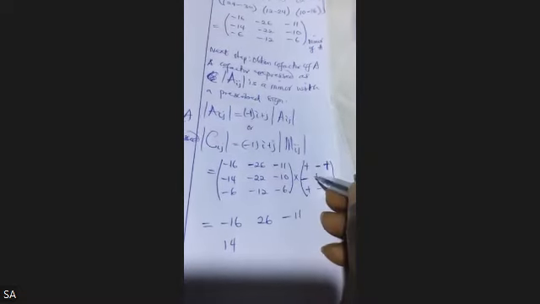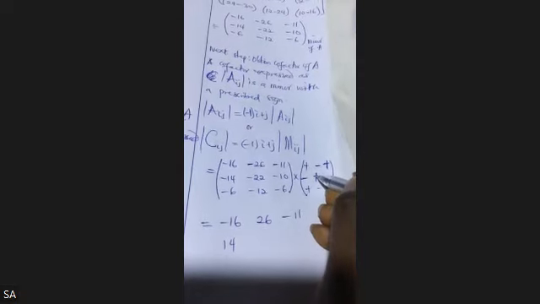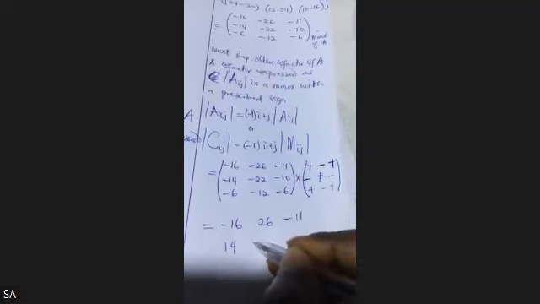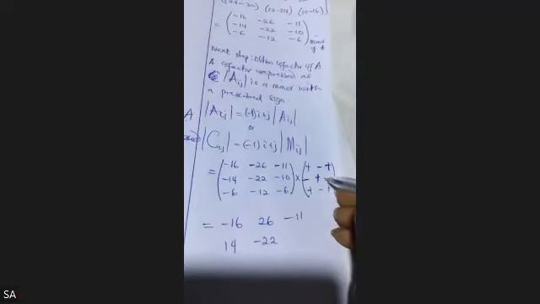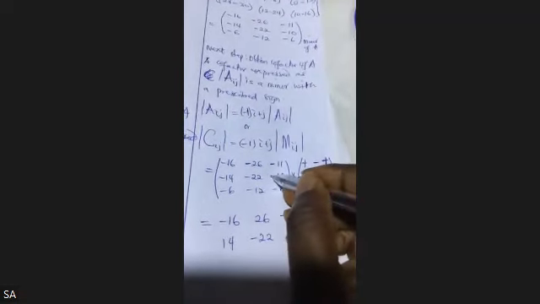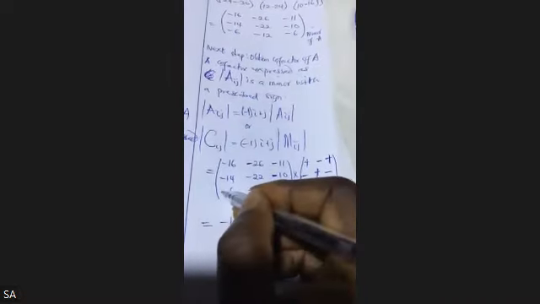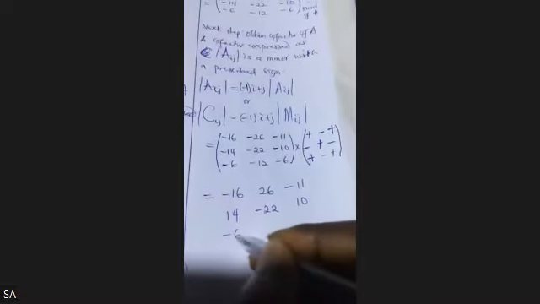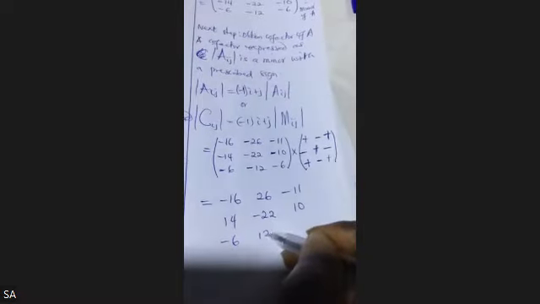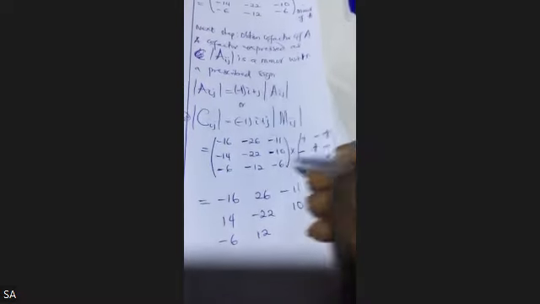This minus multiplied by minus 14 gives us 14. This plus multiplied by this position gives us minus 22. This minus multiplied by minus 10 gives us plus 10. This plus multiplied by minus gives us minus 6. This minus multiplied by minus gives us plus 12. This plus multiplied by minus gives us minus 6.